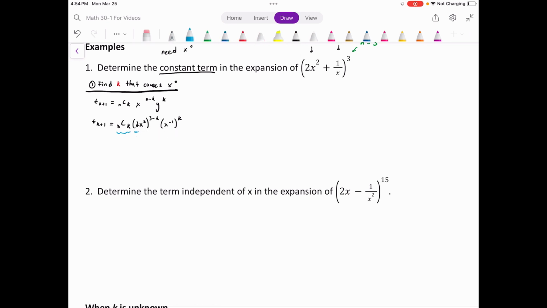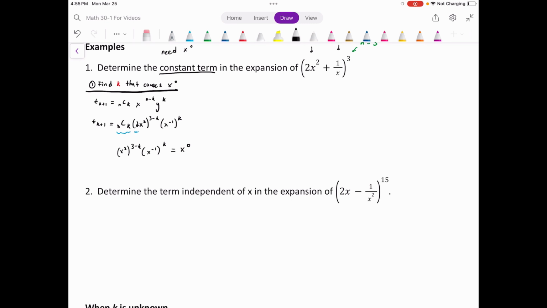We can just say we need x squared to the 3 minus k times x to the negative 1 to the k. We need that to equal x to the power of 0, right? And then yes, there'll be other coefficient stuff going on, but as long as this is correct, the exponent on x will be 0, and we'll have a constant term.